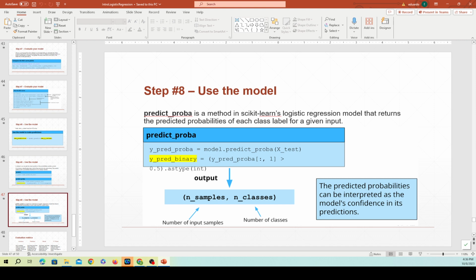The predict_proba is a method in the sklearn logistic regression model that returns the predicted probabilities of each class label for a given input. So this is going to do the job for us. Most of the time in Python, you don't have to create some of the tools that you're going to find useful. You can make your own classes and training methods, but in this case, it's already doing a pretty good job.